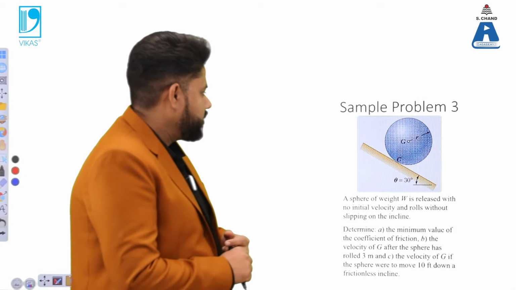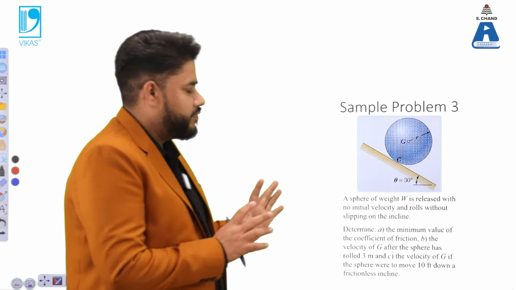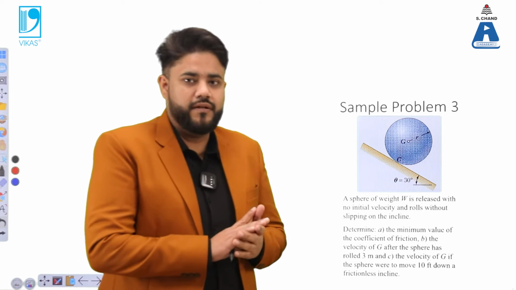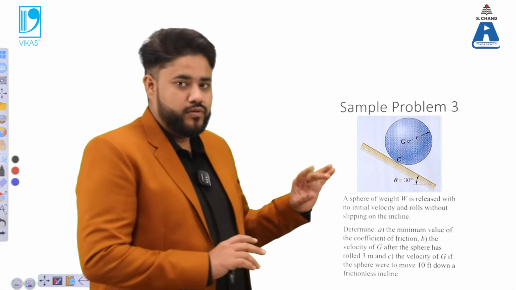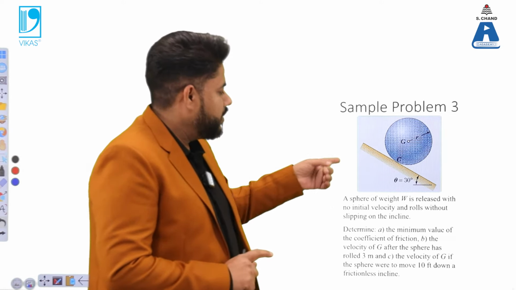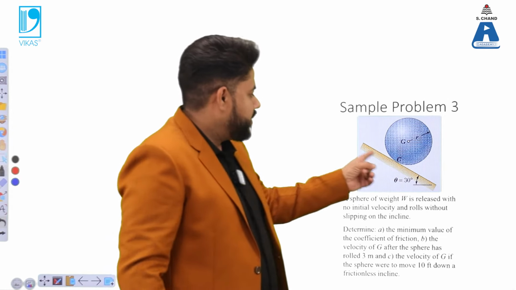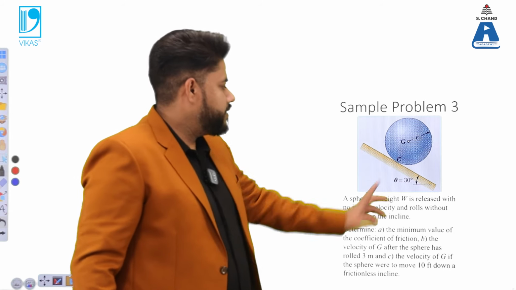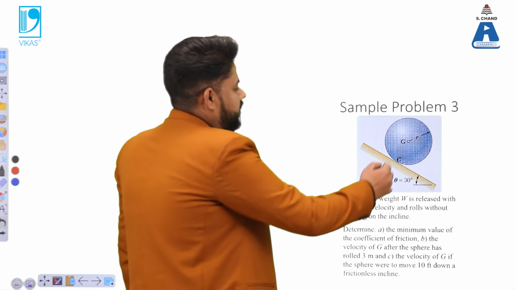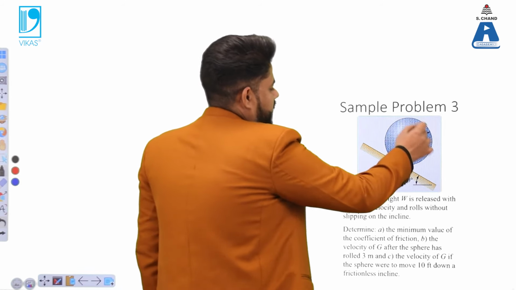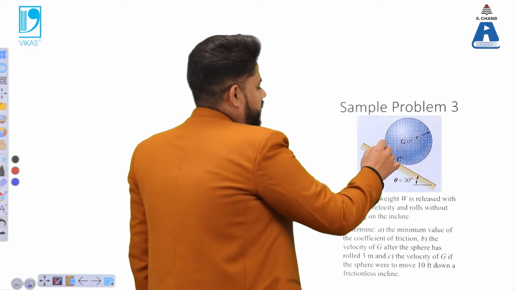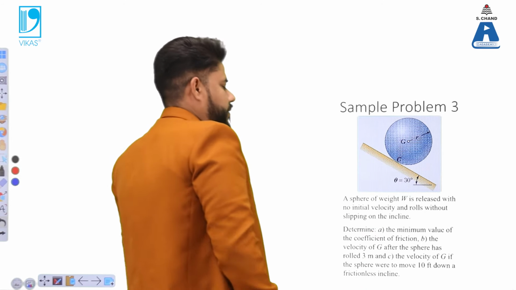So what is this particular problem and how is it different from the previous problem that we have seen? In the previous problem, before going to the break, we had that base which was a horizontal surface. Now this surface is not a horizontal surface, this surface is an inclined surface, and this disc which is there is a spherical shaped disc.